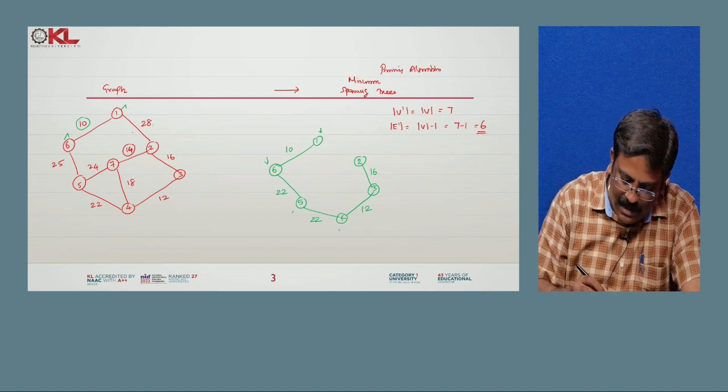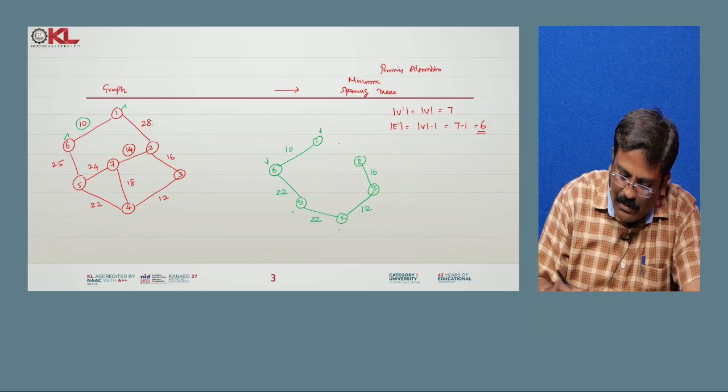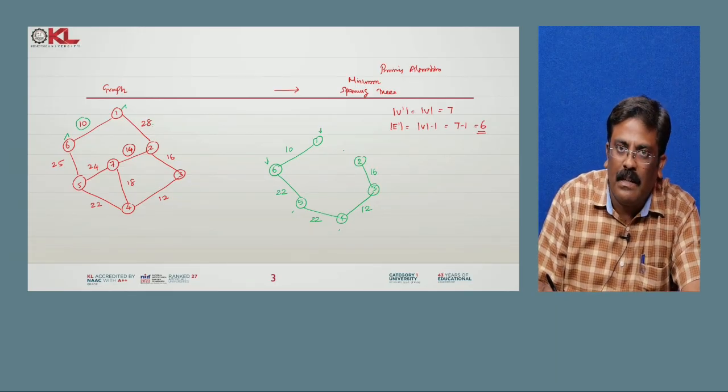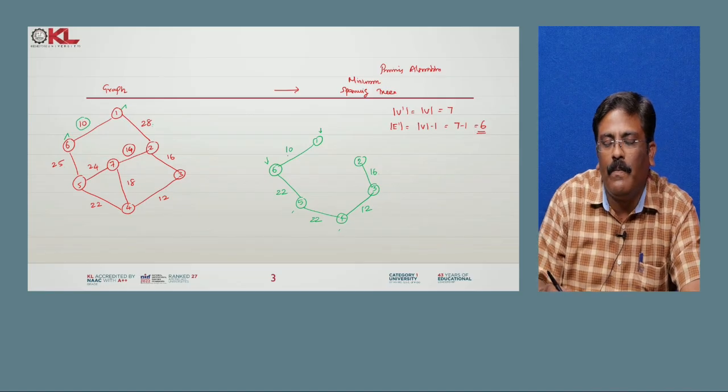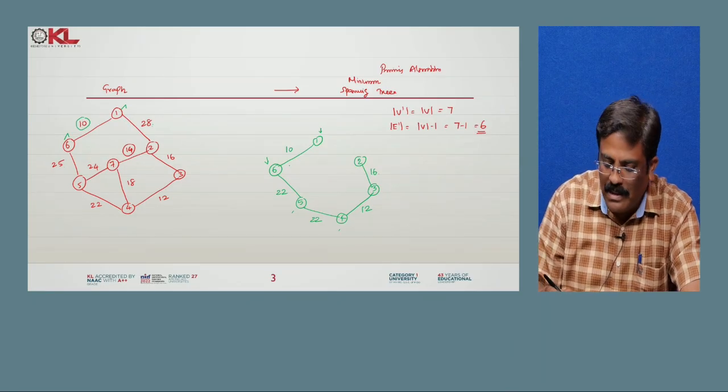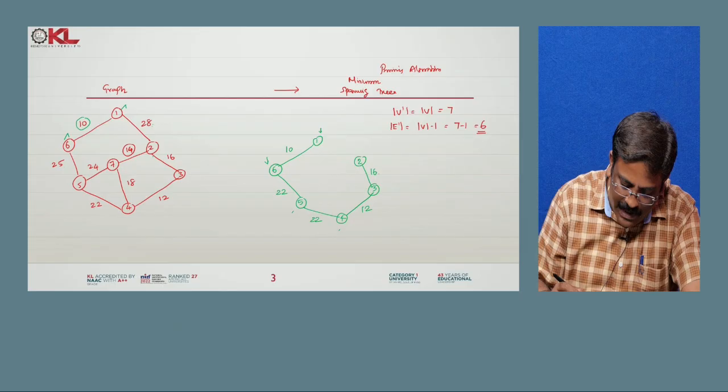So if we select this 1 to 2, we can still check the neighboring edges. 1 to 2 is 28, which is very high, but if we close this 1 to 2, it will form a loop, so we should not select it. We are leaving it.